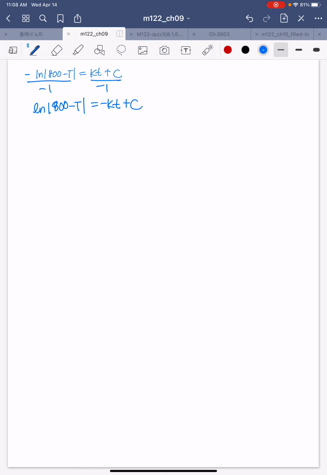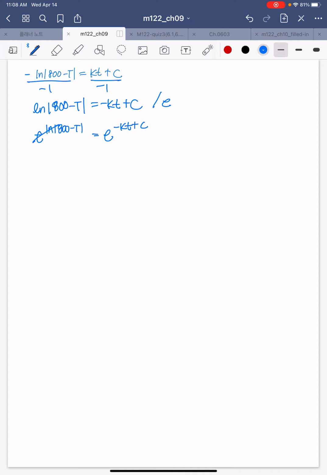Let's apply e functions so that we can have ln disappear. So applying e, e raised to ln 800 minus T, and then e raised to negative kt plus c. Actually the ln disappears.